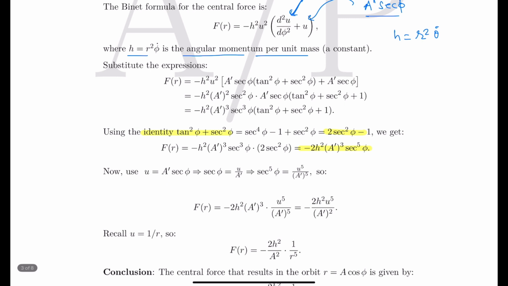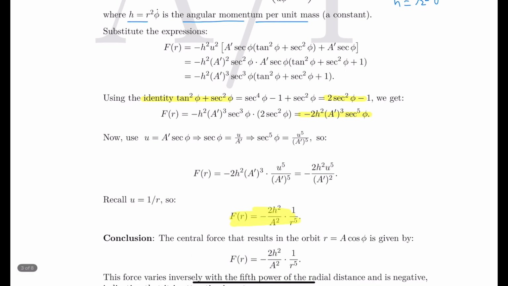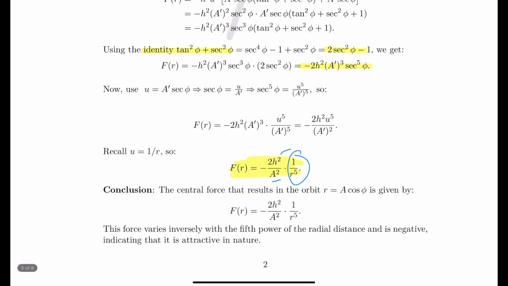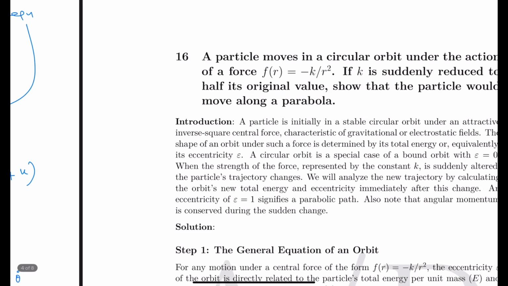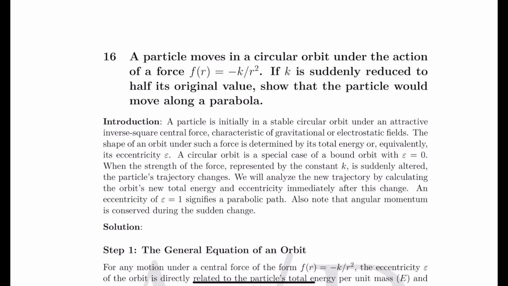Then when we substitute back all the original terms, we finally get f as a function of r equal to minus 2h square divided by a square multiplied by 1 plus r to the power 5. So the central force that results in the orbit r equals a cos psi is given by this, and it is inverse fifth power of the radial distance, and it is negative, which also tells us that it is attractive in nature.